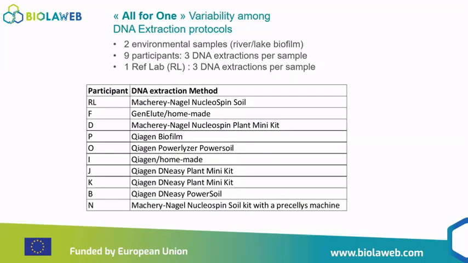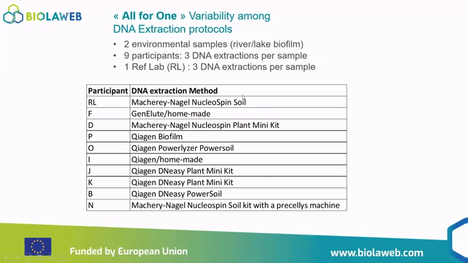Now let's look at the results of the all-for-one for DNA extraction. Again, every participant has 2 environmental samples, the river and the lake sample. And they did 3 DNA extractions per sample with their favorite DNA extraction method. You can see here the list of the different DNA extractions per participant.